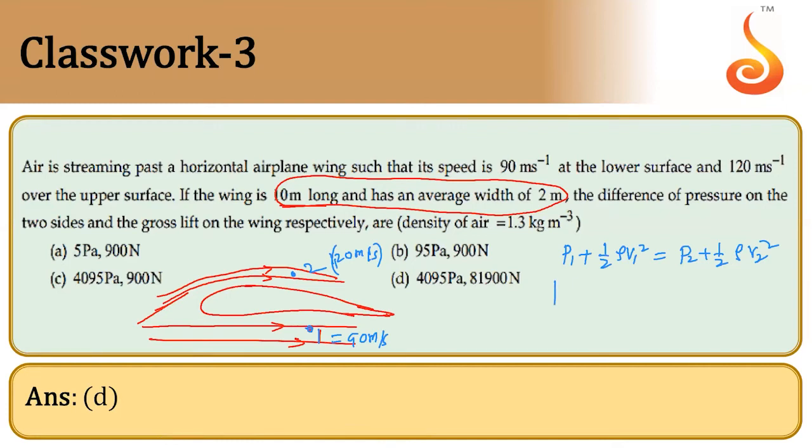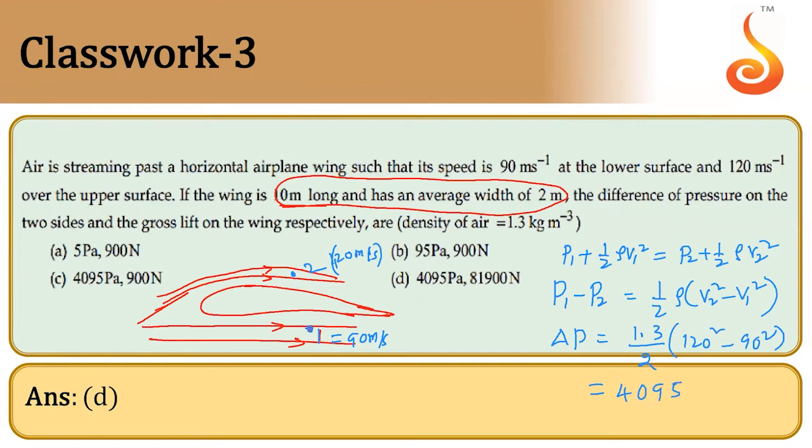So P1 minus P2, they're asking, is equal to half rho times V2 square minus V1 square. So pressure difference delta P equals rho, which is 1.3 for air, the density of air, by 2, times 120 square minus 90 square. So you'll get 4095 Pascal.